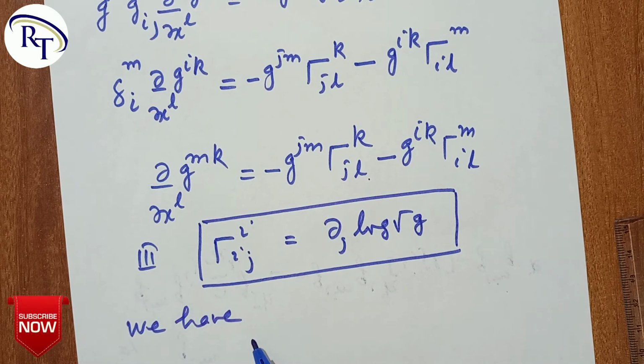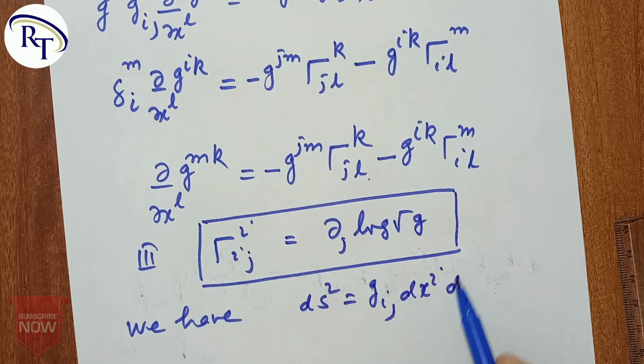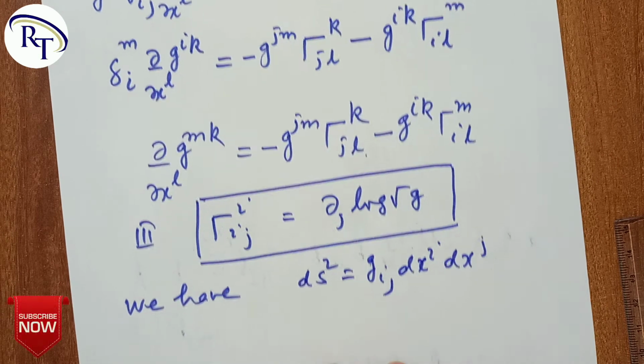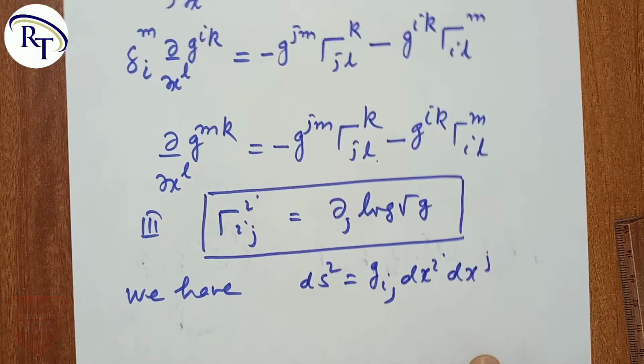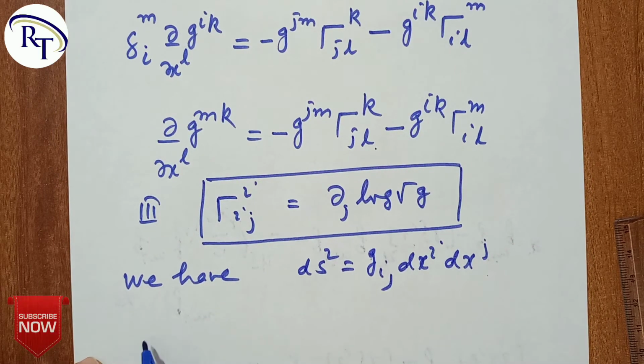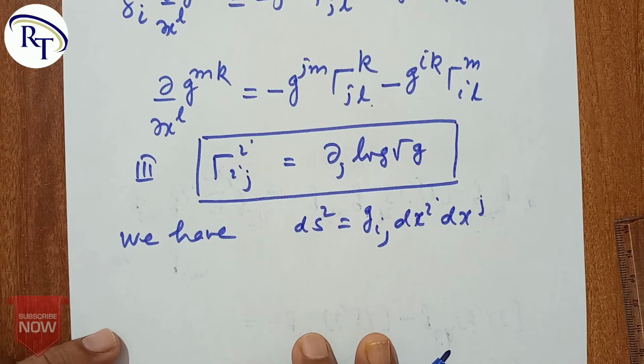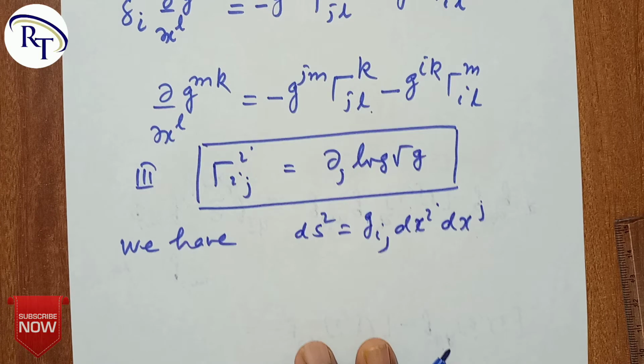In any metric, ds² equals g_ij dx^i dx^j, where g_ij is called the metric tensor. We have g_ij in matrix form.